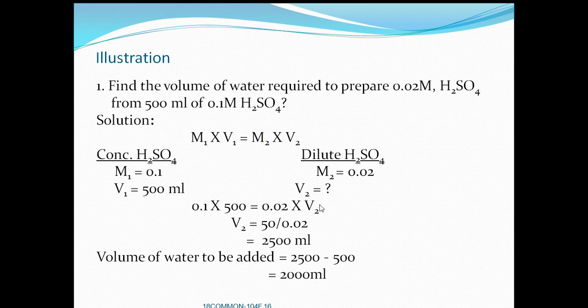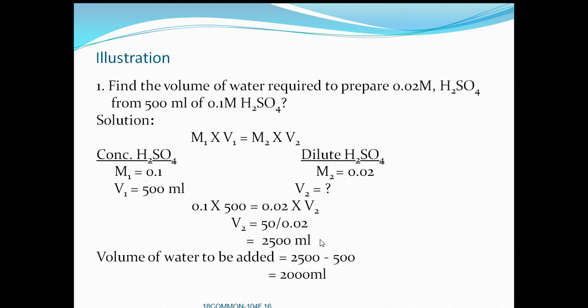We have to calculate V2. So V2 equal to 0.1 into 500, which is 50, divided by 0.02, equal to 2500 ml. What is this? This is the final volume. So this is 2500 ml.